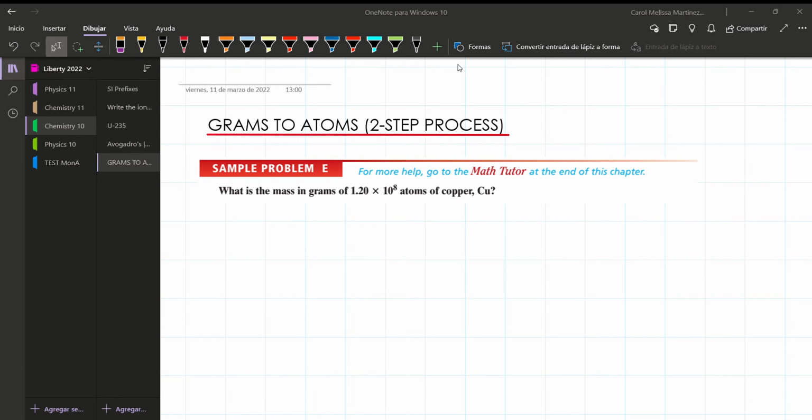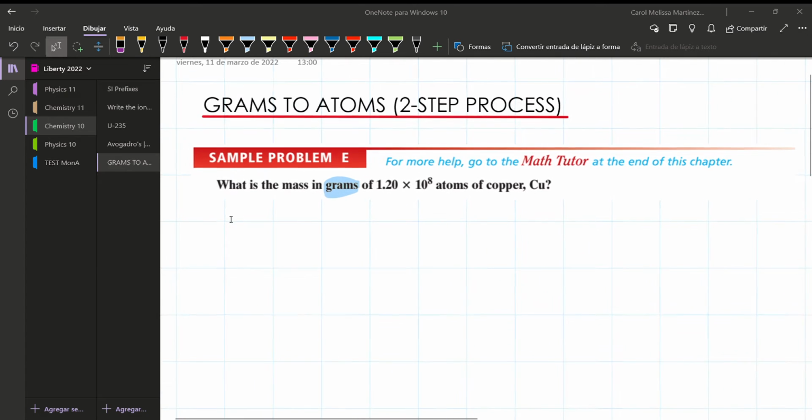Okay, so remember what I told you. We're going to have keywords in the questions, and those keywords are going to tell you what to use. Do you remember the keyword grams? When we have grams, we use Avogadro's number?